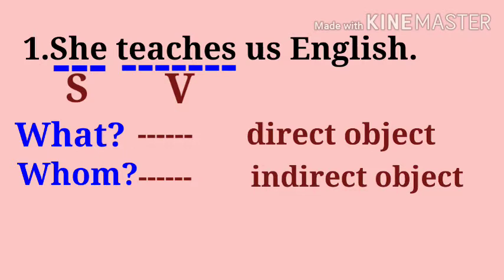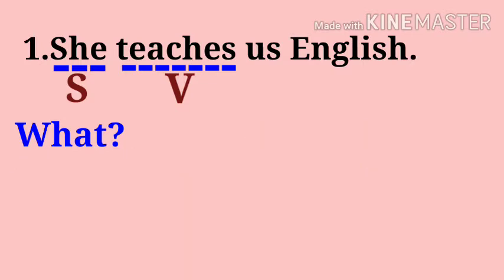Understand? The answer of what is your direct object and the answer of whom is your indirect object. Now see what type of object we will get through the given sentence. What is the sentence? She teaches us English.